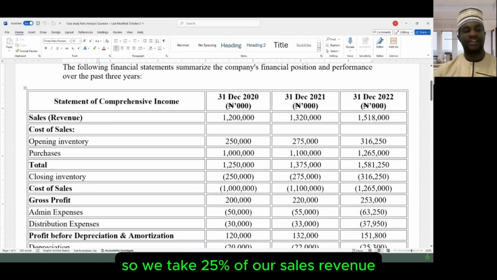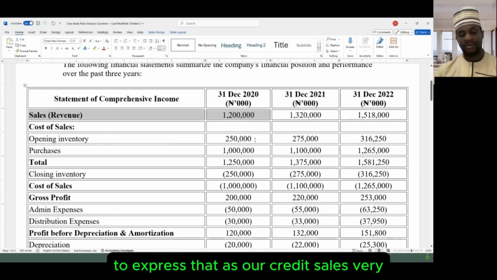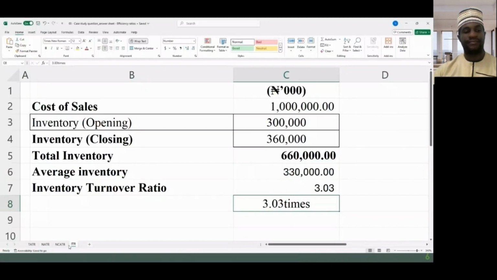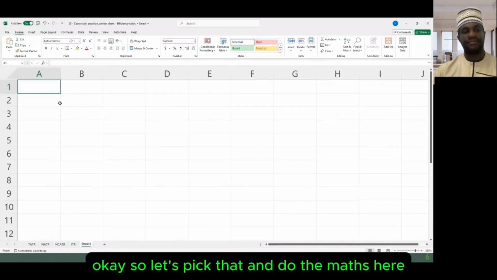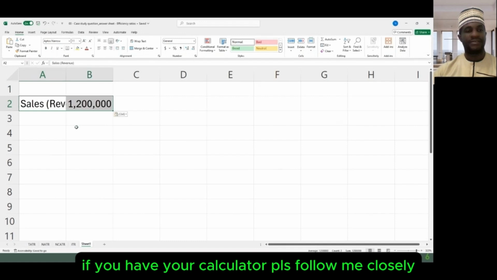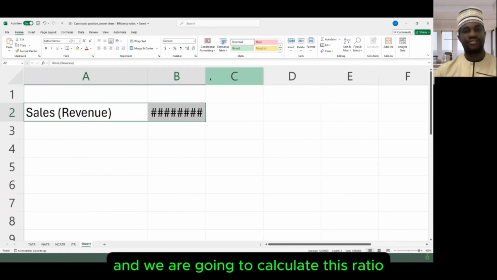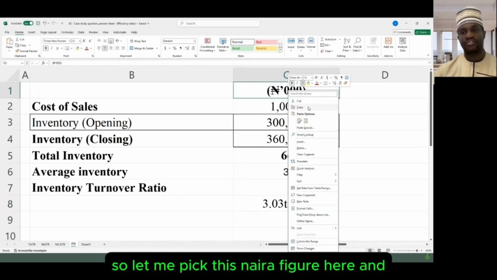So we take 25% of our sales revenue to express that as our credit sales. Very, very simply. Okay, so let's pick that. Do the maths here. If you have a calculator, please follow me closely, and we are going to calculate this ratio very seamlessly.